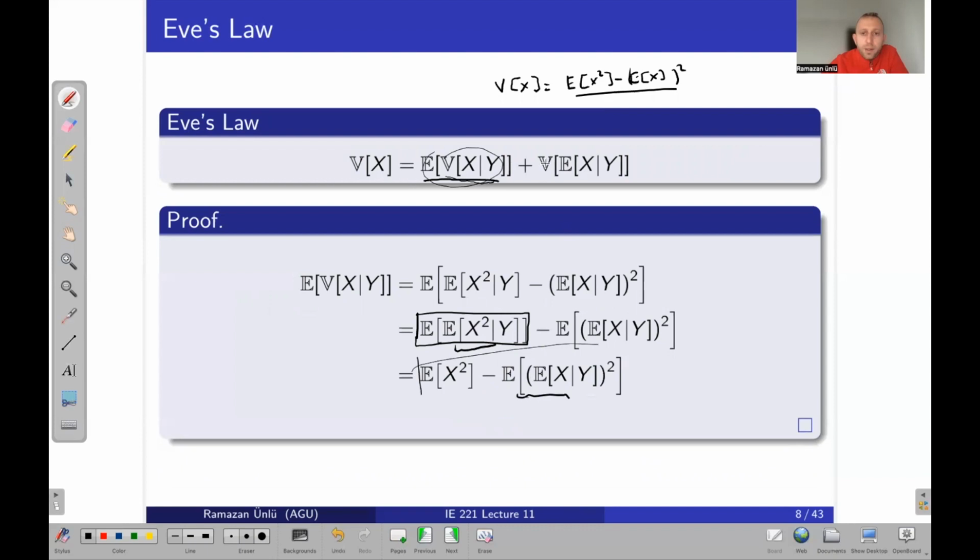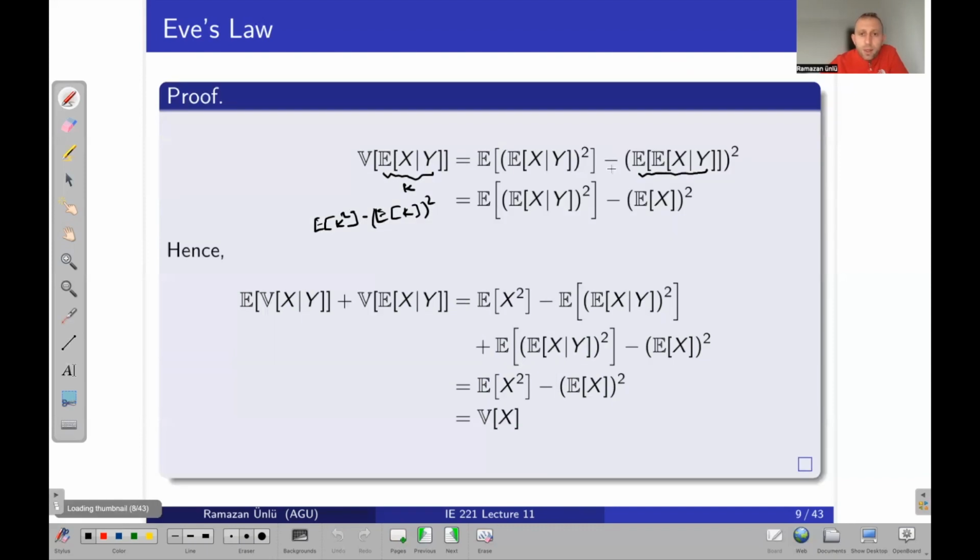And instead of this one, I can write that one. When I write that, these two terms will cancel each other, and I will be left with the expected value of X squared minus the expected value of X, squared. Okay, so what is that? That is equal to the variance of X. So that is the proof of Eve's law.